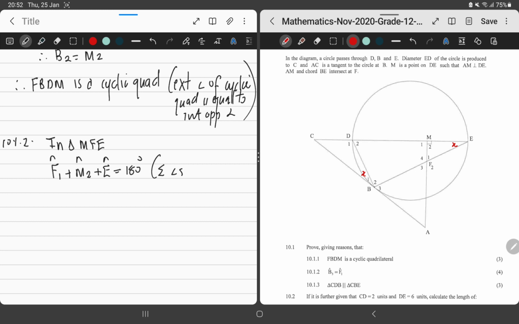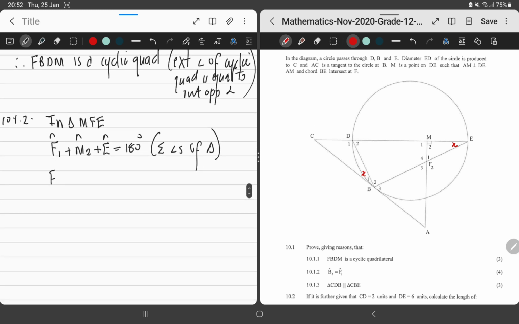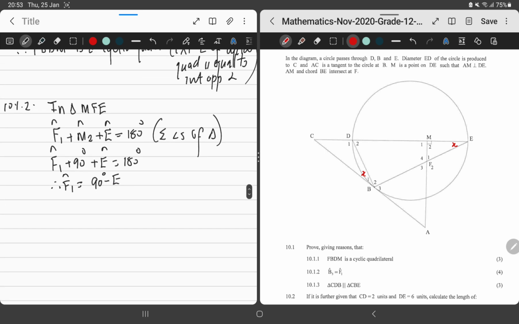This is the sum of angles of a triangle. F1 plus 90 plus E is equal to 180 degrees. So this means that F1 is equal to 90 degrees minus E.